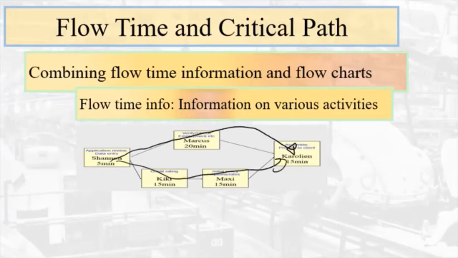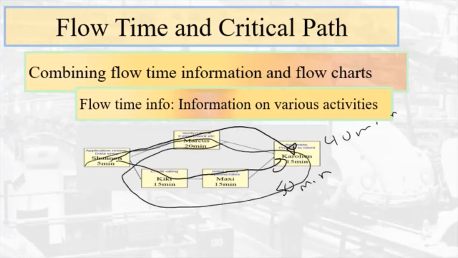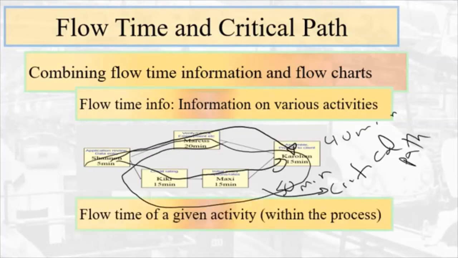If we sum all the times around this top path, we get 5 plus 20 plus 15, so that's 40 minutes, while the bottom one is 30, 35, 50. So right away we know that the longest path is this path right here, so that would be the critical path. In the critical path method, all we're doing is identifying the different routes or paths, and the longest path is going to be the critical path.